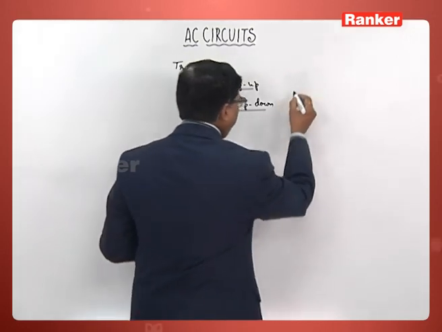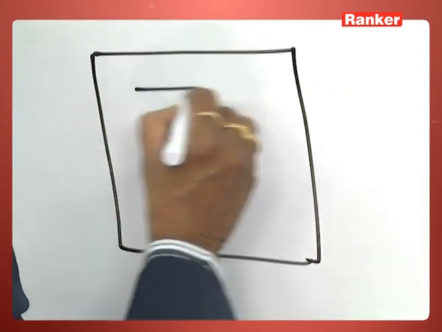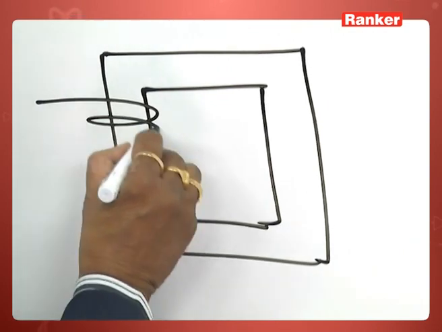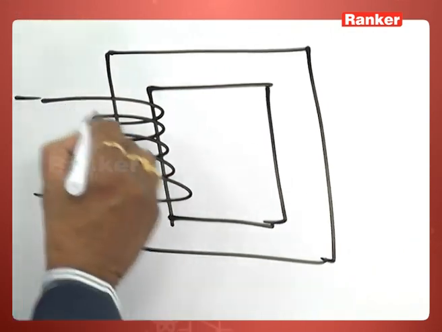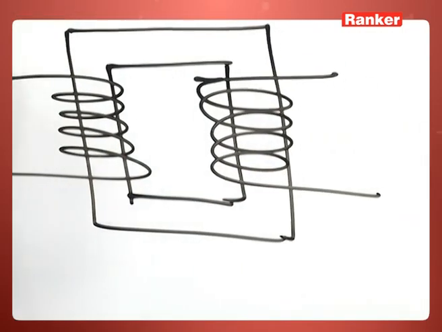Generally, when we take the basic concept here, a transformer will have a soft iron core like this, and there will be a primary coil. There will now be a secondary coil over here.